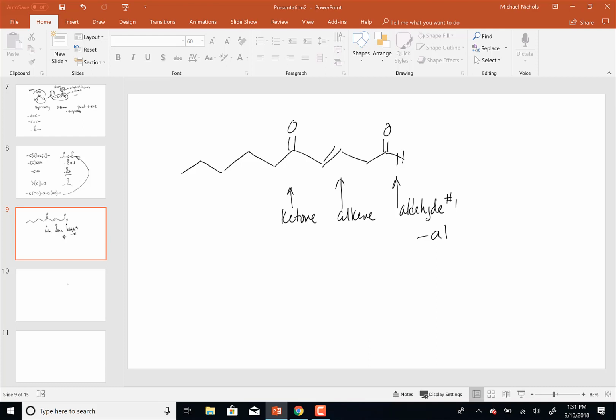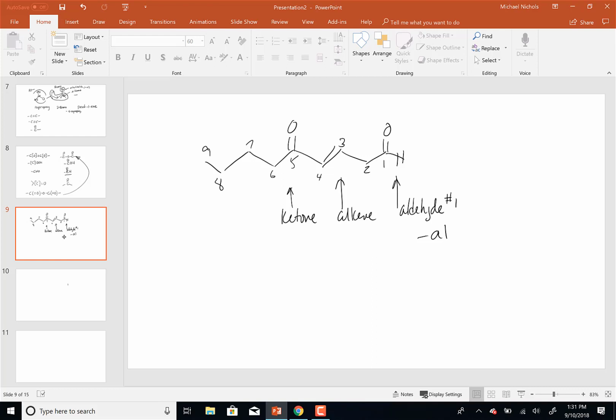And what do I mean by that? What I mean by that is, here's my longest chain. Now I've got to number it closest to the number one priority group. So when the number one priority group isn't the end, this is automatically 1, 2, 3, 4, 5, 6. Whoop. I just wanted 9 carbons. I didn't want 10.